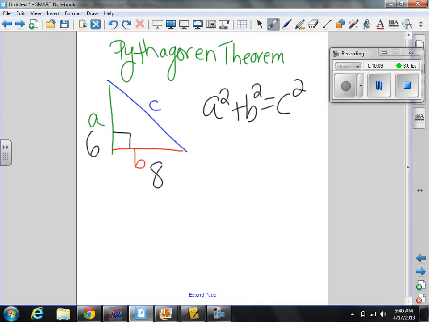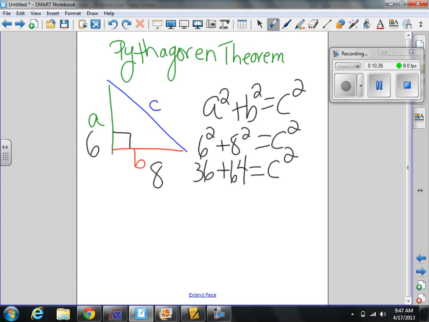So let's take the value of a, 6, squared, plus the value of b, 8, squared. 6 times 6 is 36. 8 times 8 is 64, and that equals c squared. Take 36 and add it to 64, and we get 100, which is c squared.